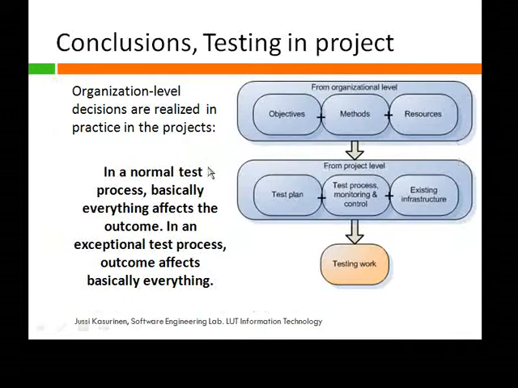On the project level, these objectives, methods and resources become plan, test process, monitoring and control and existing infrastructure, and they do testing work. And overall, in a normal test process, basically everything affects the outcome.